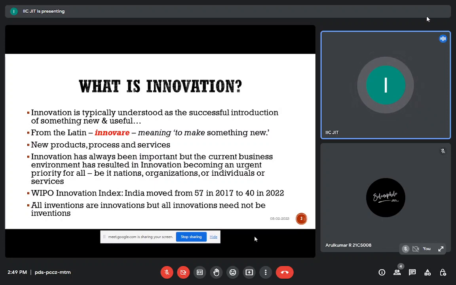Everybody is interested in innovation. Countries are interested in innovation. Today, the government of India is telling the world, India is moving up. India has come from 81st position in 2015, climbed up to 57th position in 2017, and today in 2022, 40th position in the innovation.